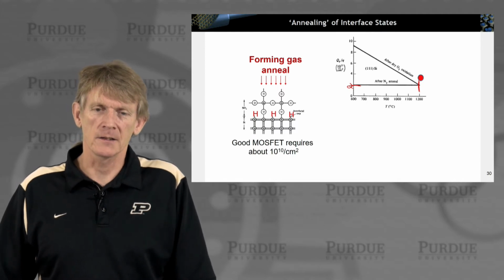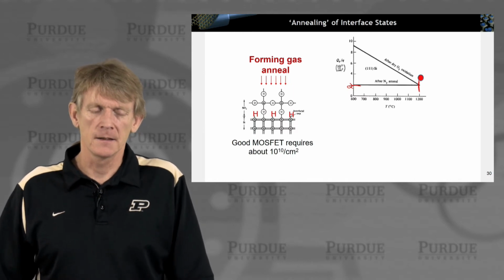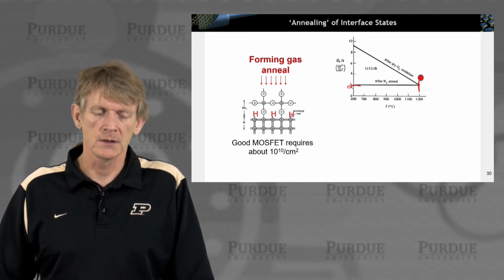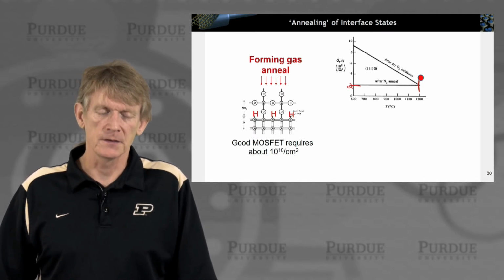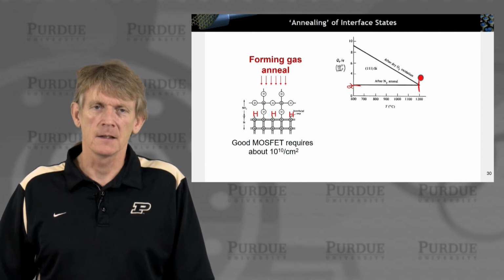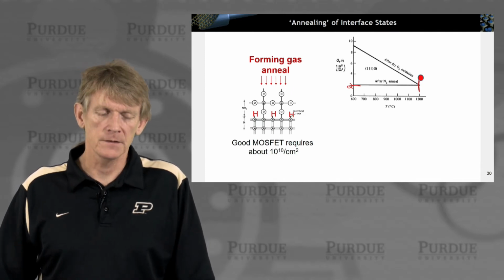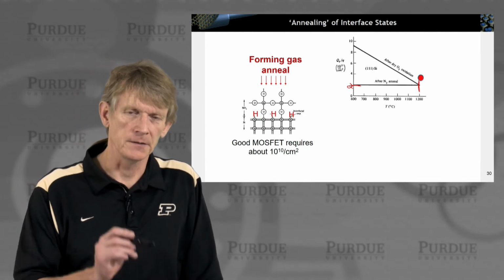It's one electron and one proton, and it can diffuse through anything. So if you expose the surface and the growth process to hydrogen, the hydrogen can find the open bonds.